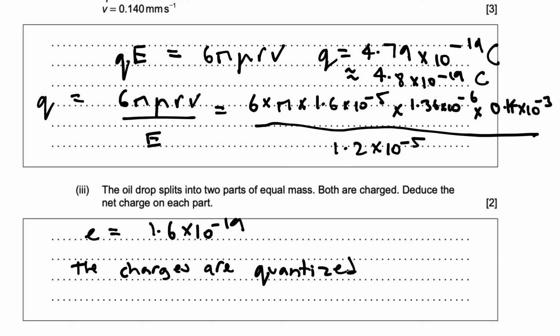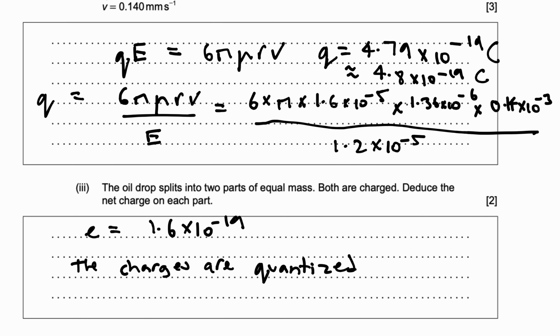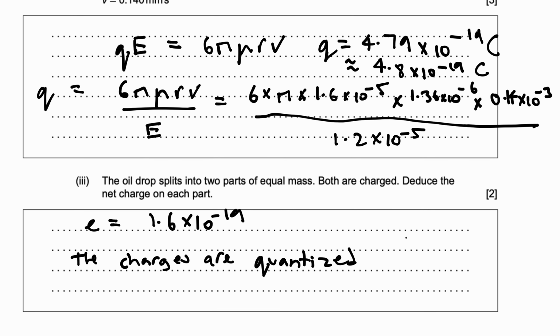Okay, and because the oil drop splits into two parts of equal mass, I know that this 4.8 times 10 to the power of negative 19 has to split into two charges, and because they have to be a multiple of 1.6, I know that the charges will have to be 1e and 2e respectively.